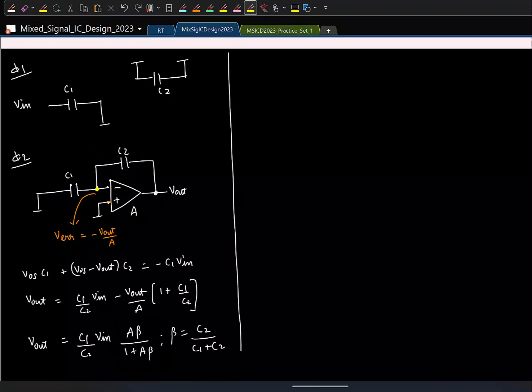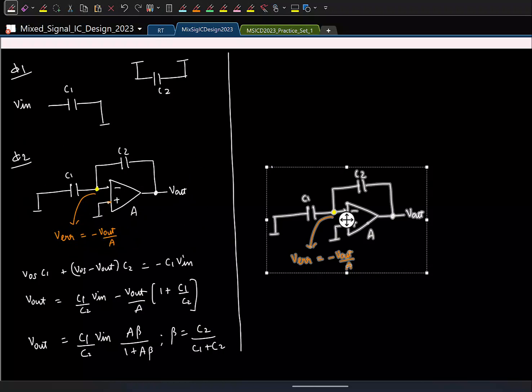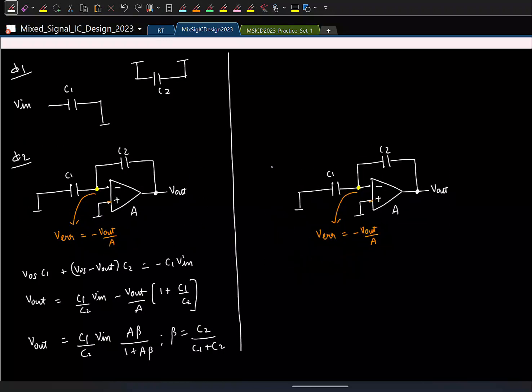Great. So now let's see how we can tackle this. Now remember that this situation is very similar to the offset case, right? Ideally you wanted this voltage to be 0. That is the voltage where we are connecting the two plates of the two capacitors, right?